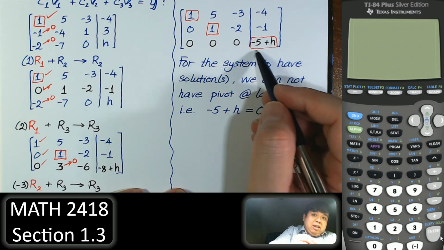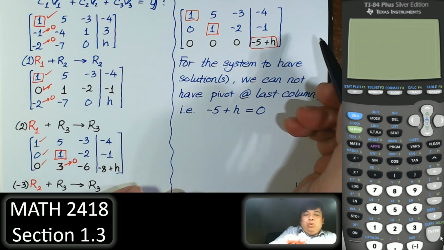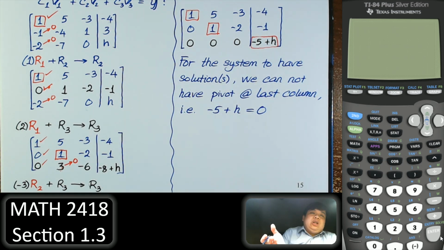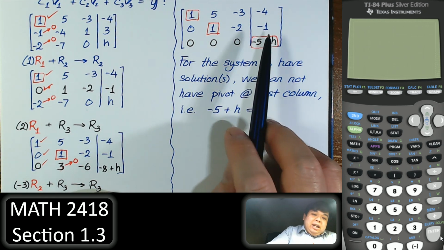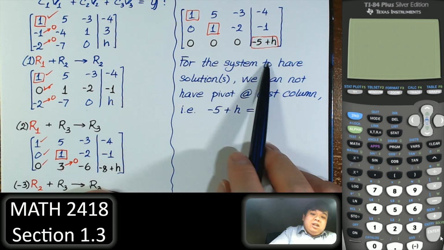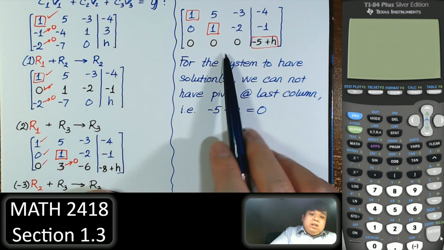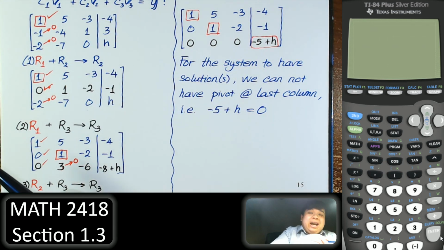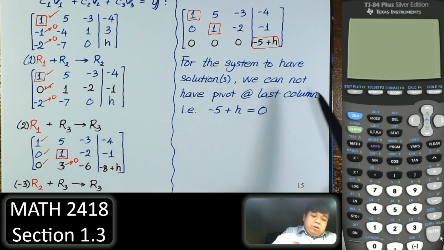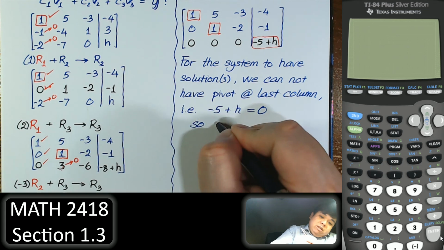But if it is 0, we cannot turn the 0 into 1. We can turn anything to 1 by dividing by itself, but we cannot turn the 0 into 1. So in order for this system to be consistent, for this equation to have solutions, this entry has to be 0. So h must be equal to 5.